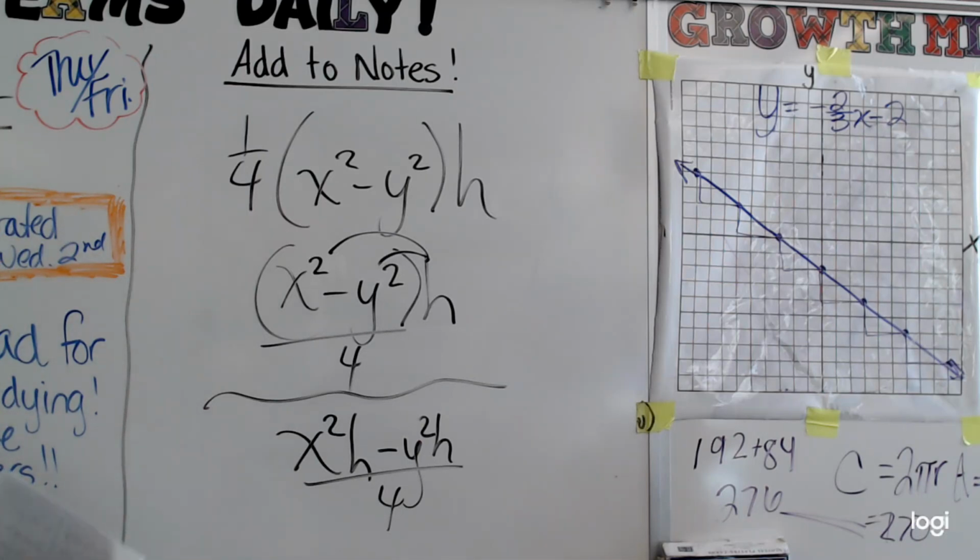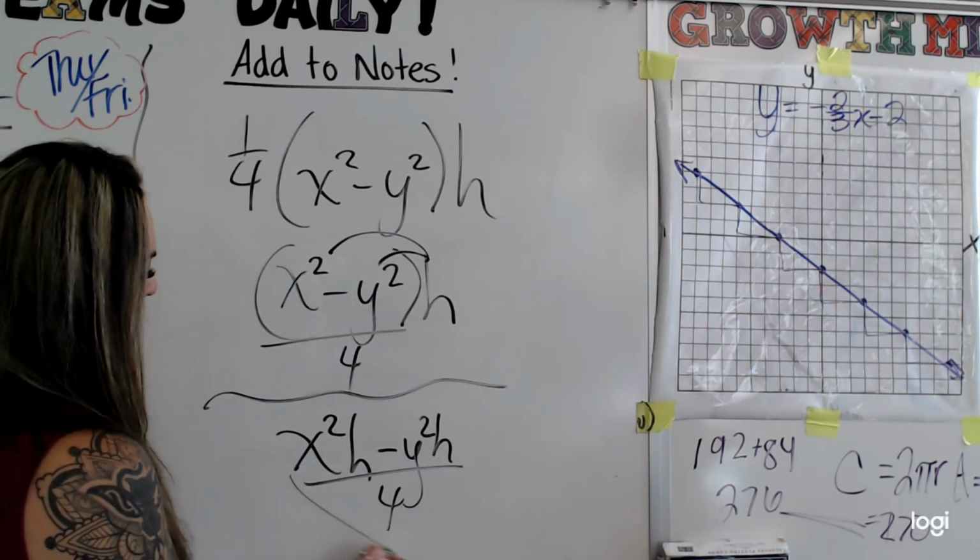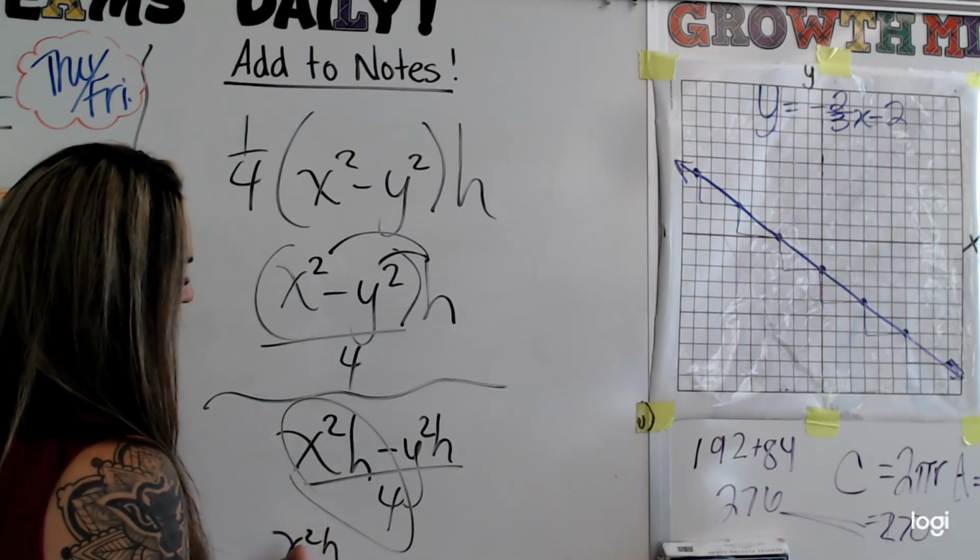So then all of that would be divided by 4. Okay. In this case, it means that it is x squared h divided by 4.